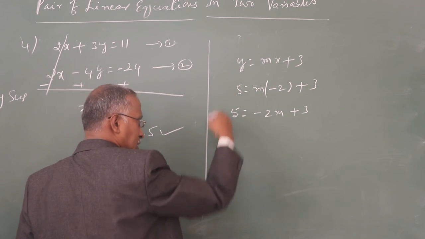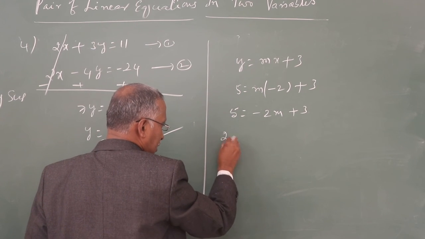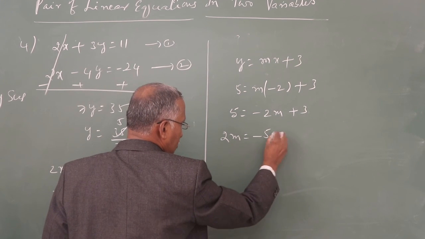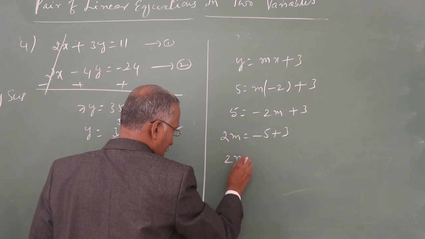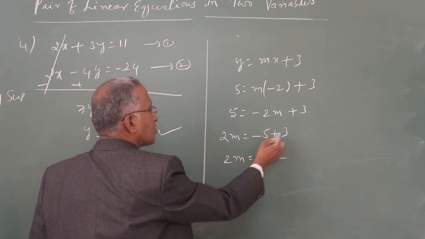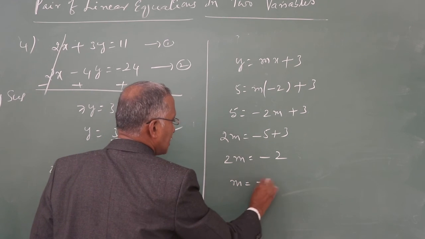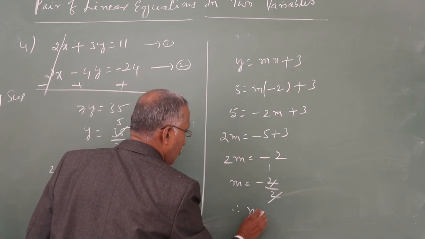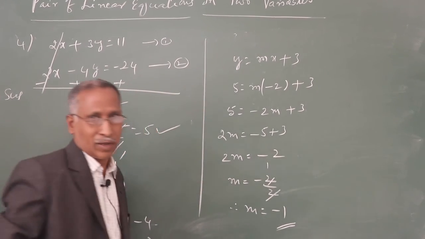Minus 2m is transposed to the left hand side: 2m plus 5 is equal to 3. 2m is equal to minus 2, because 3 minus 5. M is equal to minus 2 by 2. Therefore, m is equal to minus 1.